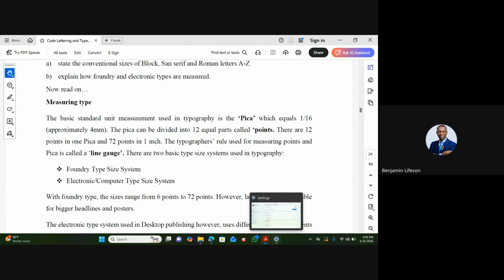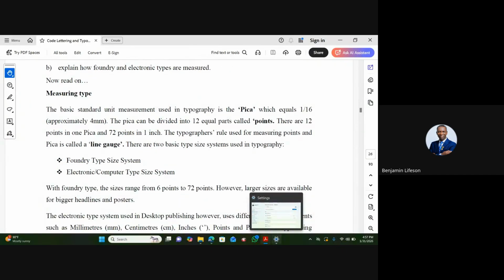So the standard unit of measurement used in typography, just like the way we have centimeters and millimeters, we also have points and picas when it comes to typeface. The pica can be divided into 12 equal parts, known as points.